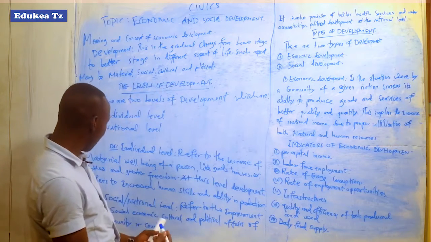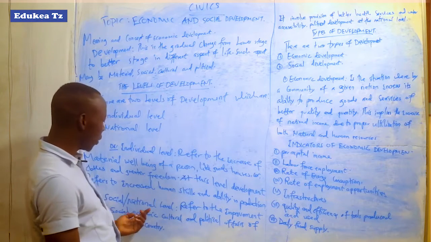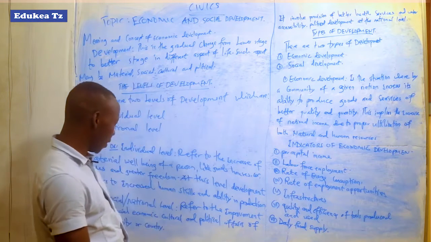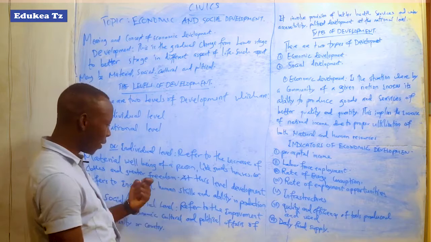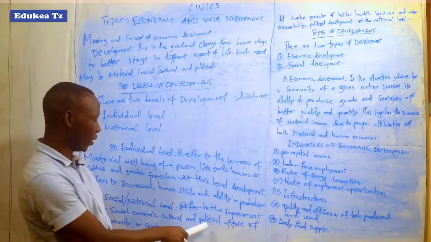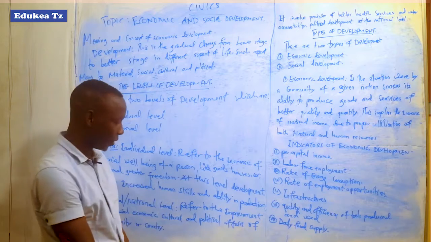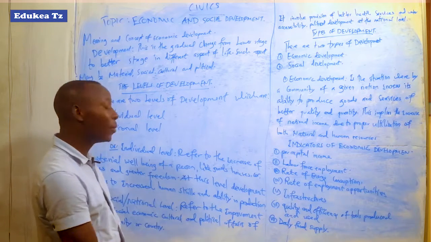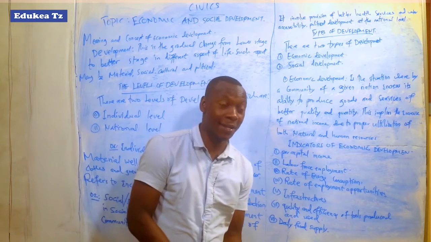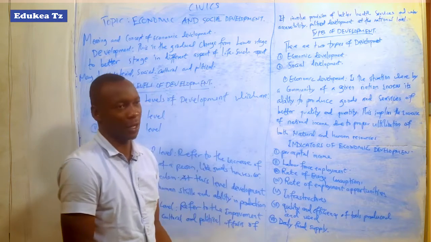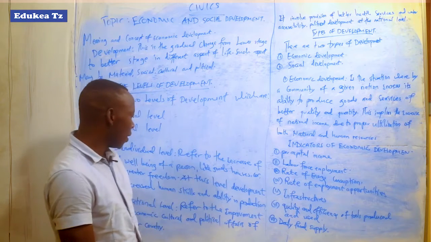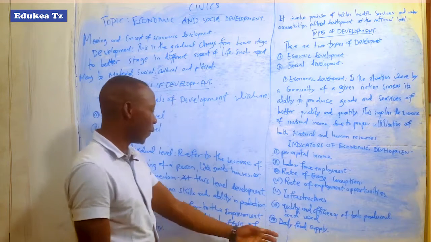The second level of development is the social or national level. When we come to the social or national level, we refer to the improvement in social, economic, cultural, and political affairs of a community or a country. Any country has different communities. Within those communities there are political affairs.